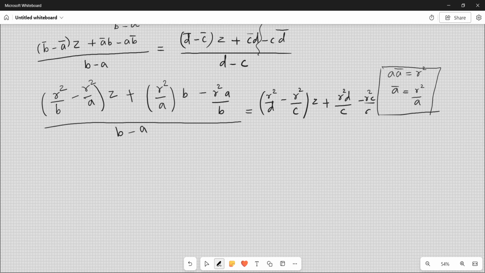So what I did was that I got rid of all the conjugate terms. Okay, by doing this I got rid of all the conjugate terms.